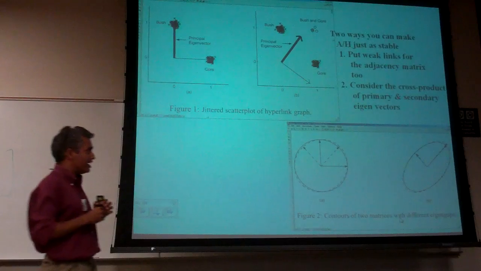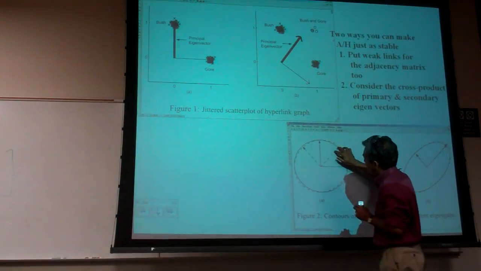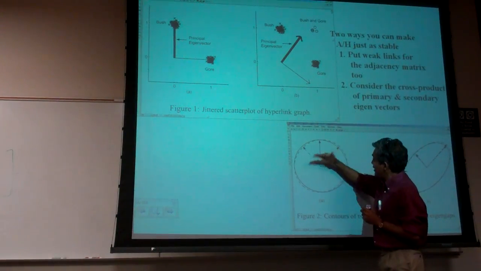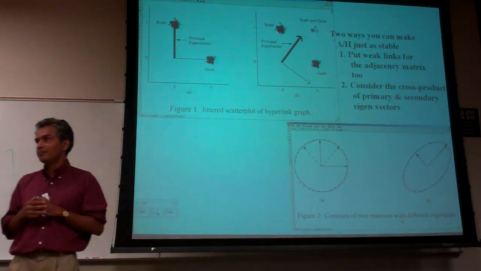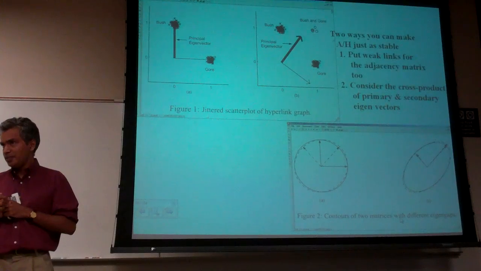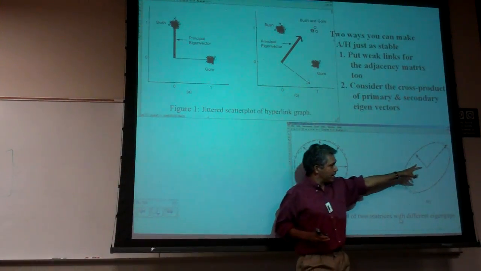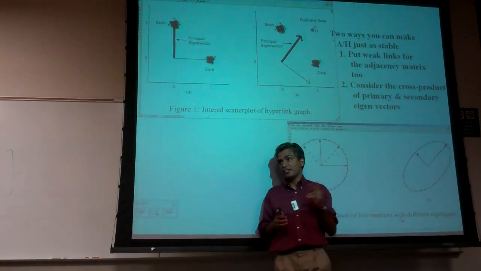The sizes haven't changed, they're almost the same. This becomes slightly smaller than this, but man, their directions completely change. And if the direction changes, the importance measure changes completely. Do you see what I'm saying? Whereas here it doesn't change as much, and so the importance measure doesn't change as much.